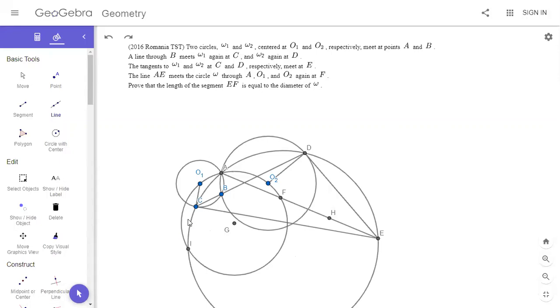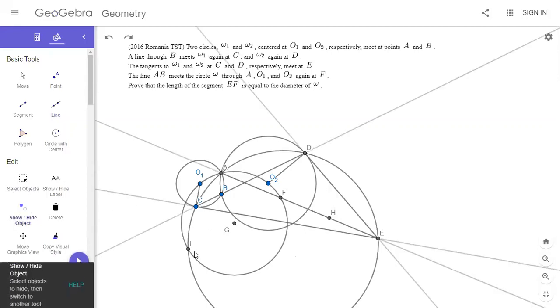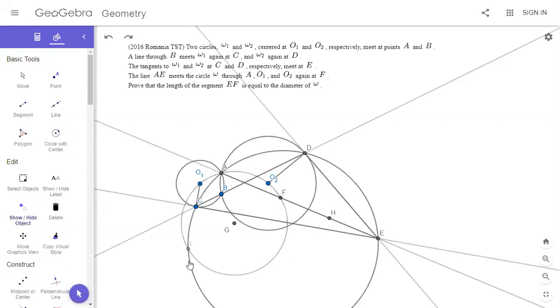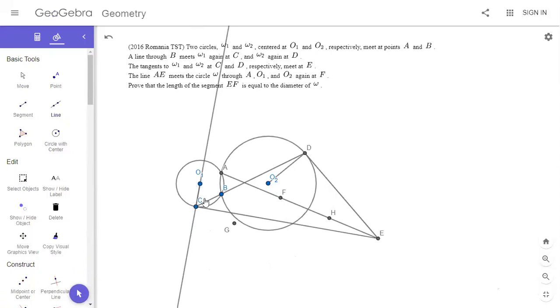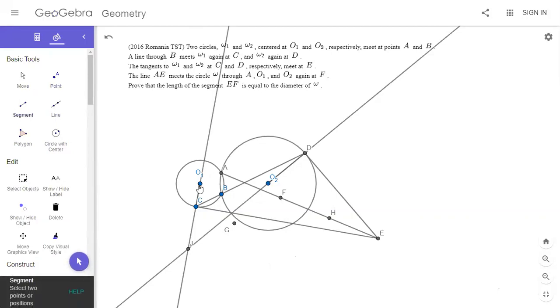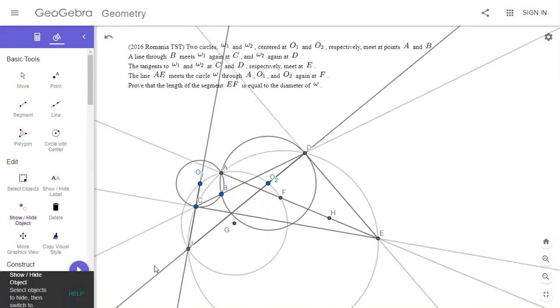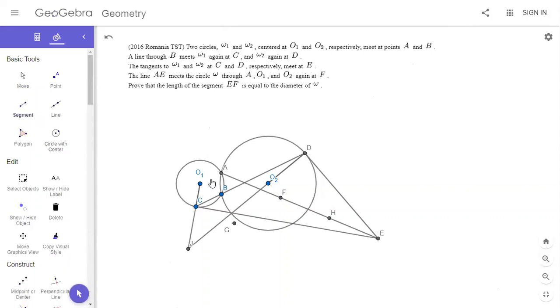Okay, so what if I hid those two circles for now? And I hid point I. And what if I let O1C meet DO2 at a point J, and then I want to show that both those quadrilaterals are cyclic. So I'm just going to draw in a few more segments here.